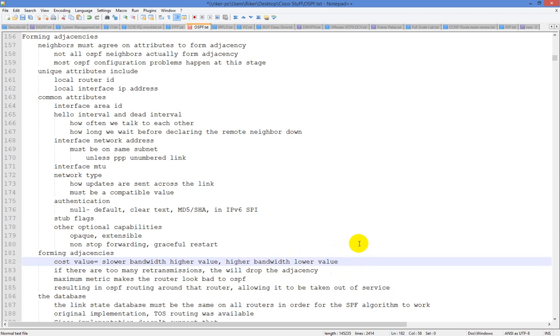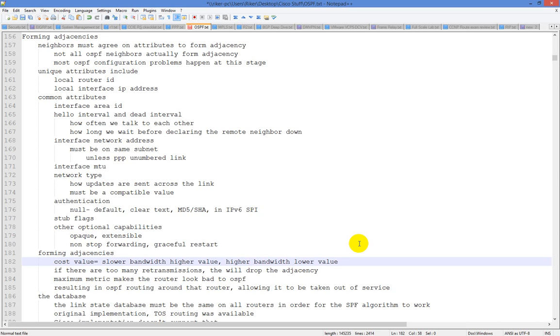So, for instance, if you have a 10 meg link in OSPF, the cost is directly related to the interface bandwidth, and it automatically relates to 100 megabits per second. So if you have a 10 meg interface bandwidth configured, the cost is going to be 10, because 100 divided by 10 is equal to 10. Once you hit 100 meg, it's going to be a cost of 1, because 100 divided by 100 is 1. And anything above that is going to be 1.